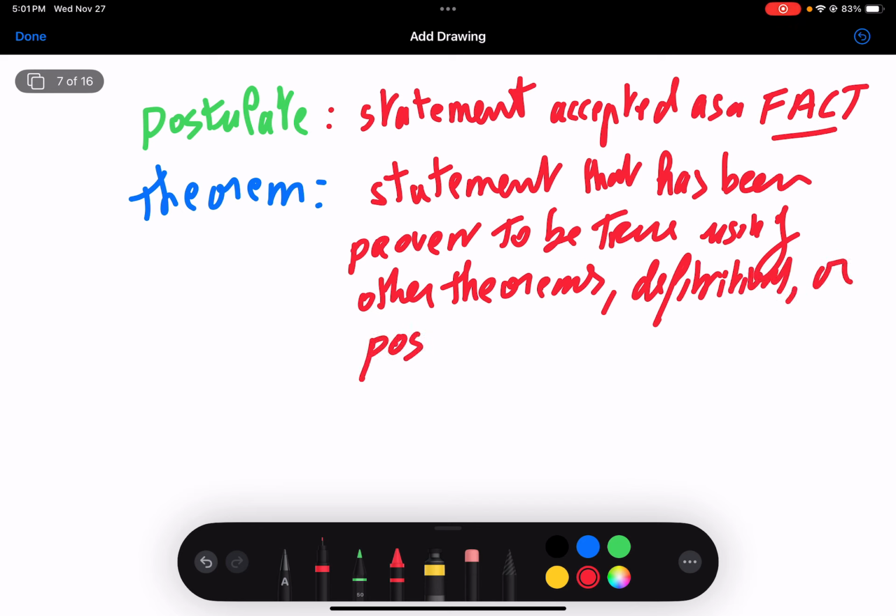So a combination of postulates, theorems, and definitions, basically. Okay.